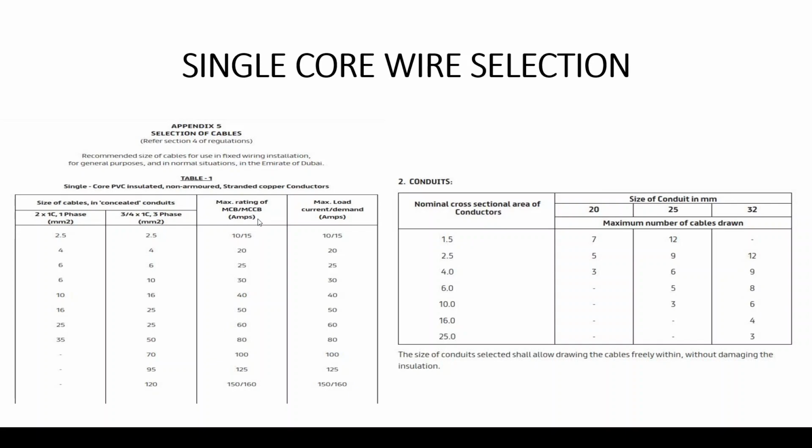So you look at the breaker size which you have. Lighting circuits are 10 amp or 15 amp. You don't have any other rating. So the size of cable in concealed conduit is 2.5 mm. So always for lighting circuits we use 2.5 mm wires.